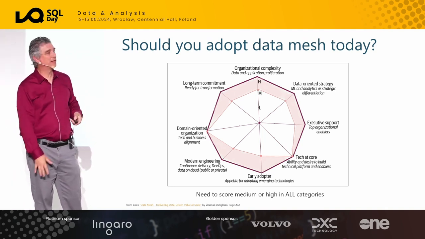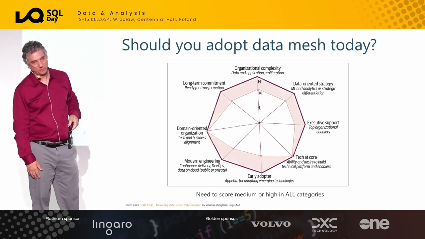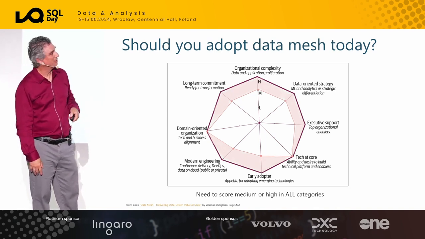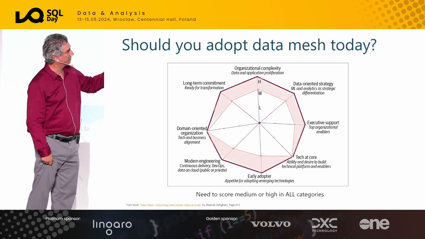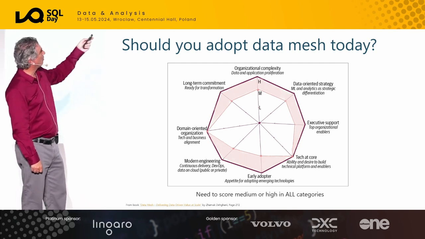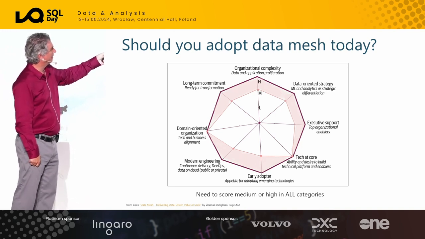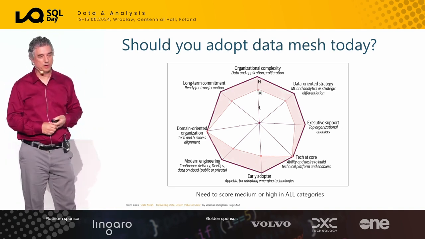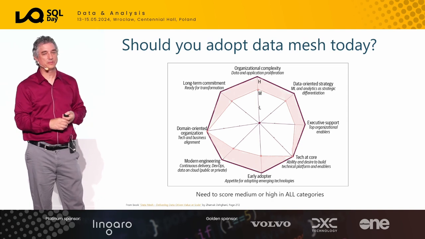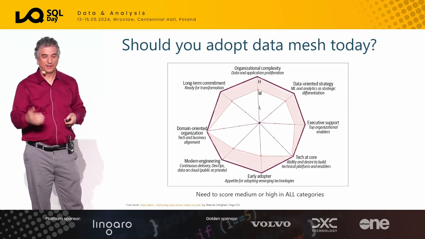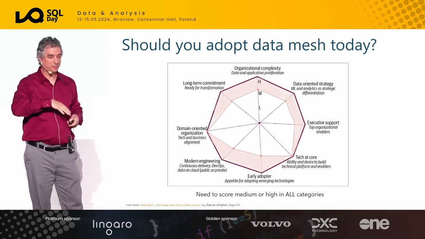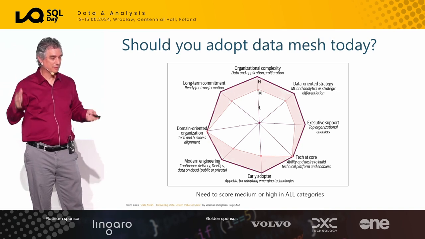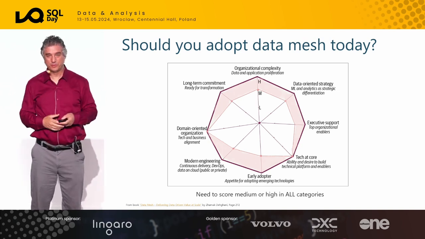Well, how many people here would look at this and say, oh, we score medium or high? Probably none of you. How many can say they're early adopters or tech at core? They are already domain-oriented, they're using modern engineering. It just doesn't happen. It's a very few companies. Now, I do see companies building a data mesh, and we have 3 of them here. And in my experience at Microsoft, there's a few dozen that are building data meshes.